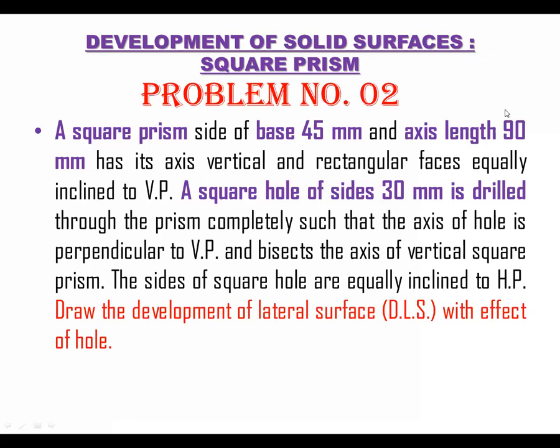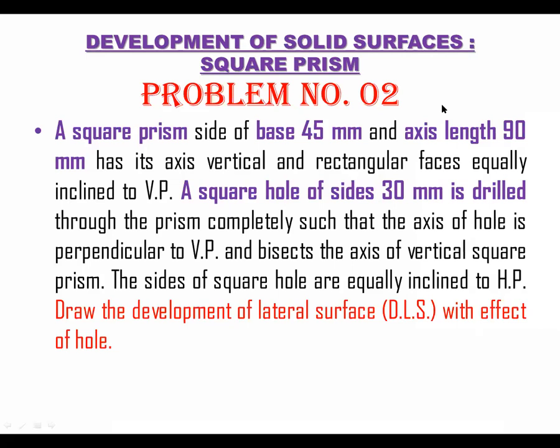First of all, read the problem statement carefully. A square prism, side of base 45 mm and axis length 90 mm, has its axis vertical and rectangular faces equally inclined to VP, that is vertical plane.